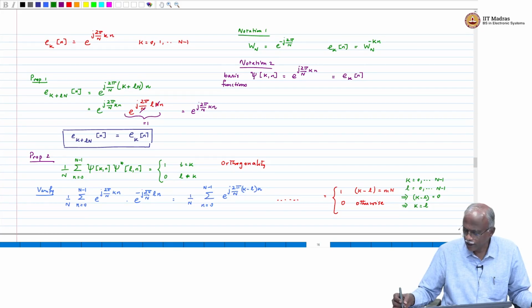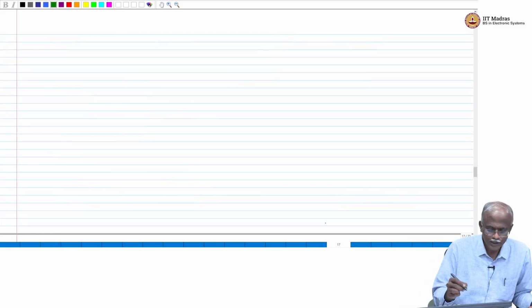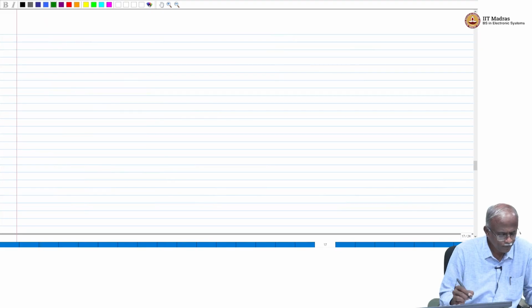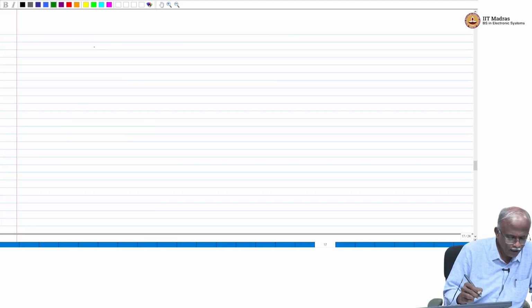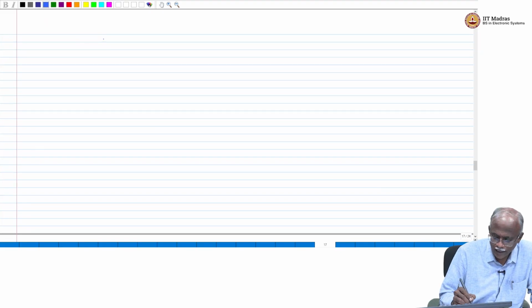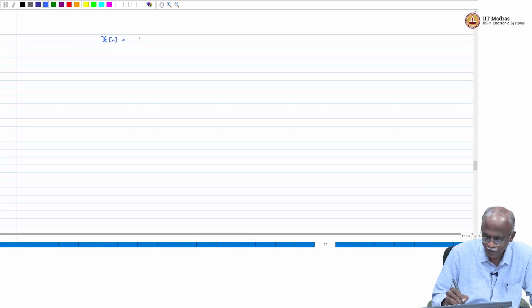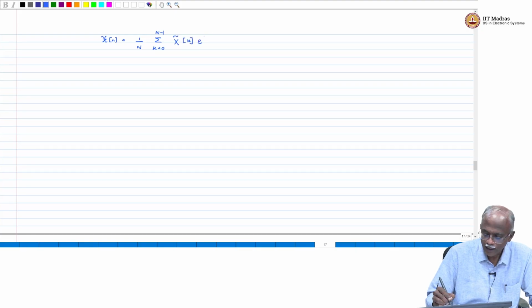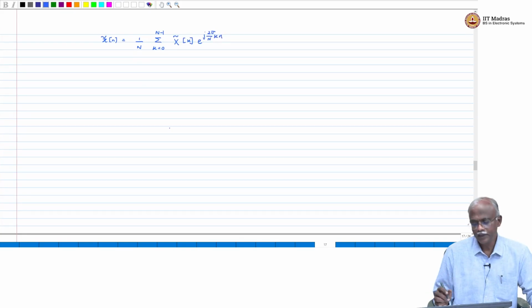Okay. So now this property actually comes into play in a very, very important way in the following aspect. Remember, we wrote down the expression for x tilde of n. Please verify from the previous page and then write down 1 over N summation k equal to 0 through N minus 1, the Fourier series coefficient, we are going to call it x tilde of k, e power j 2 pi by N kn.